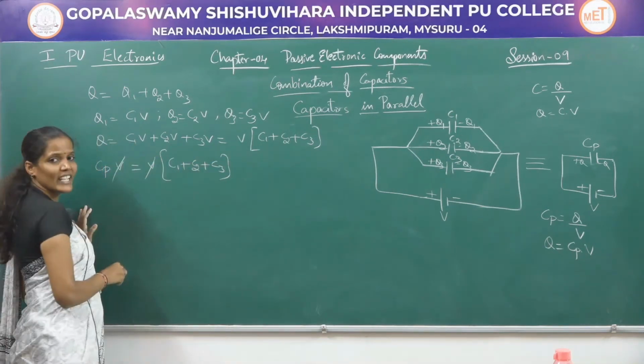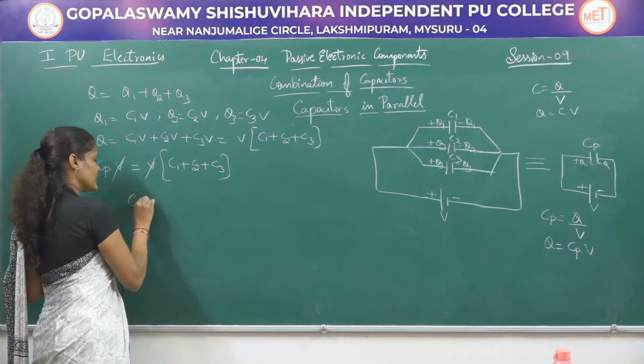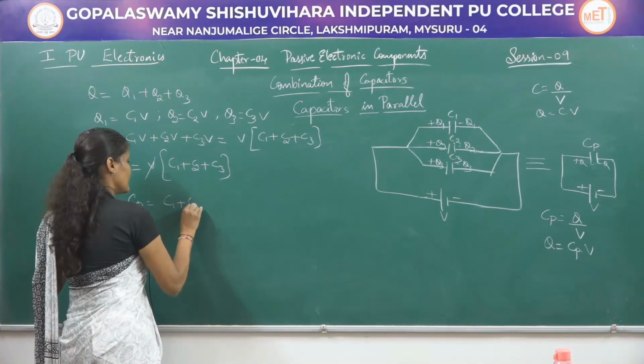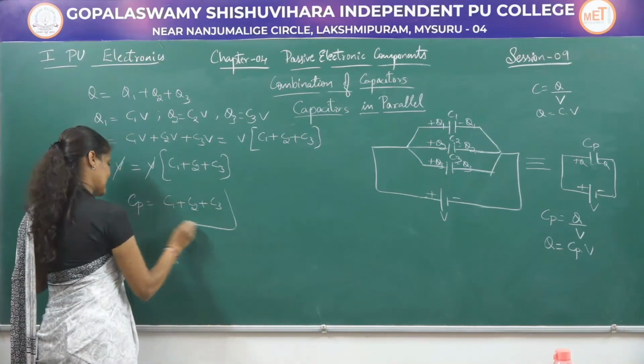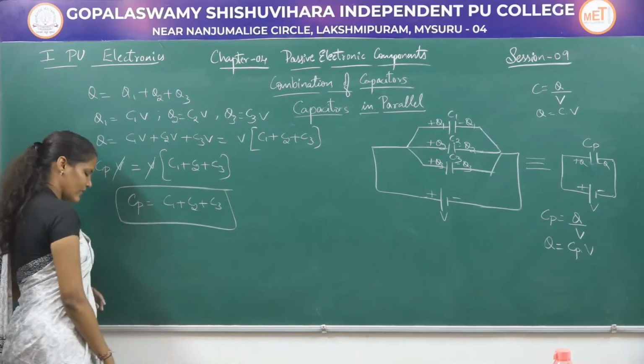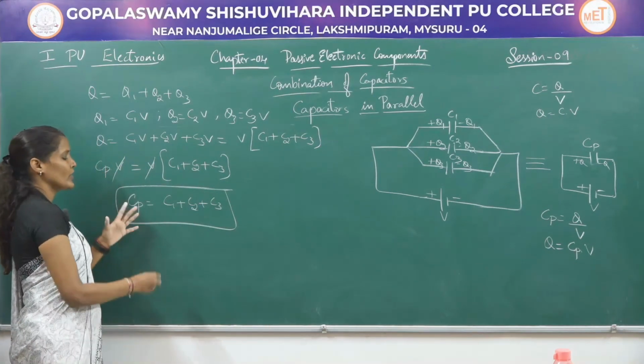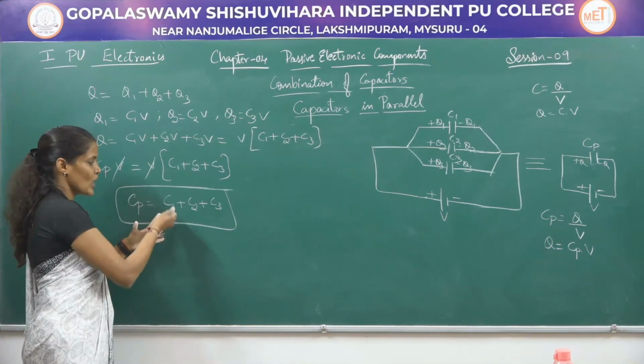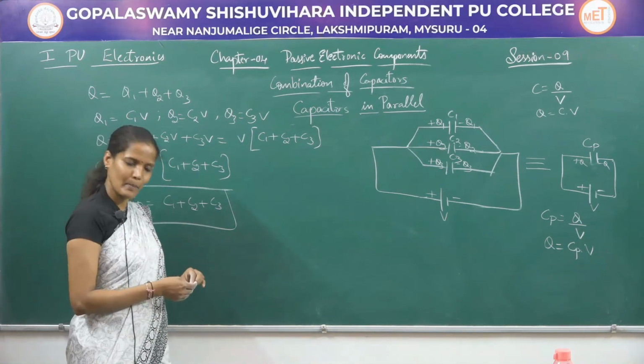V and V get cancelled, so I will be left with Cp equals C1 plus C2 plus C3. So this is the equivalent capacitance of three capacitors when they are connected in parallel.